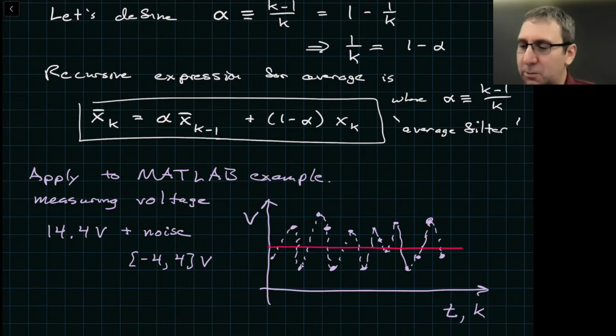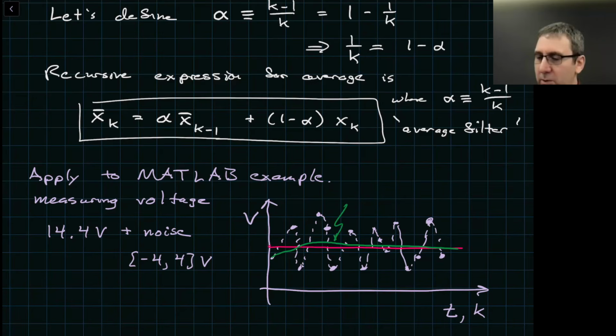If we use something like the recursive filter, we'll probably get something that will slowly converge to the true. So green is the recursive approach, which is that average filter. And red is the batch approach, right?